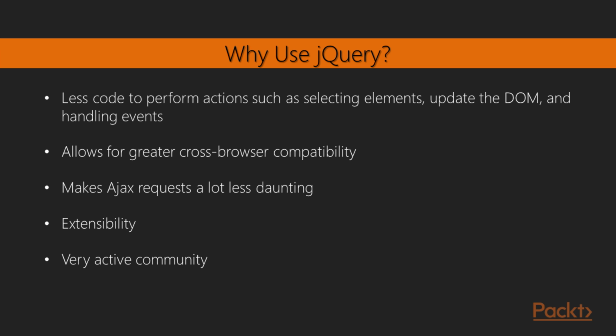There's still some people out there running Windows XP, so they're maybe using older versions of Internet Explorer. With jQuery, if you try to use something that the browser doesn't support, it will attempt to fall back and use the next best thing that it can for that browser.